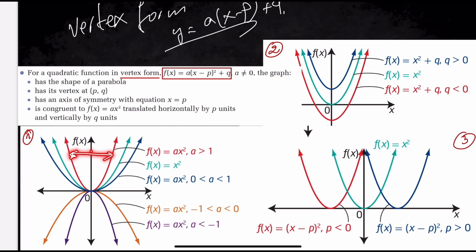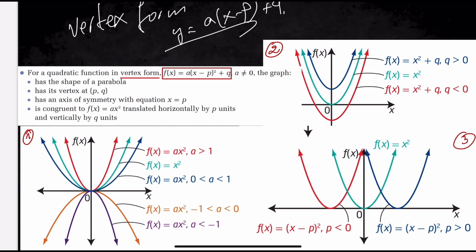If your a is positive, that means your parabola is upward, going from one side to the other side, but it's looking upward. If your a is negative, that means your parabola is downward. Okay, this is the job of our a.